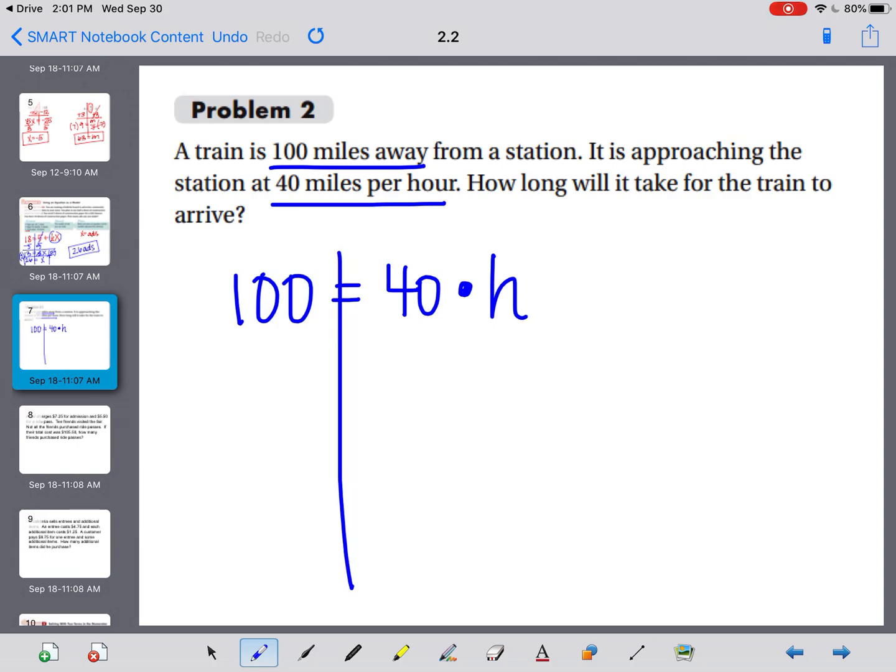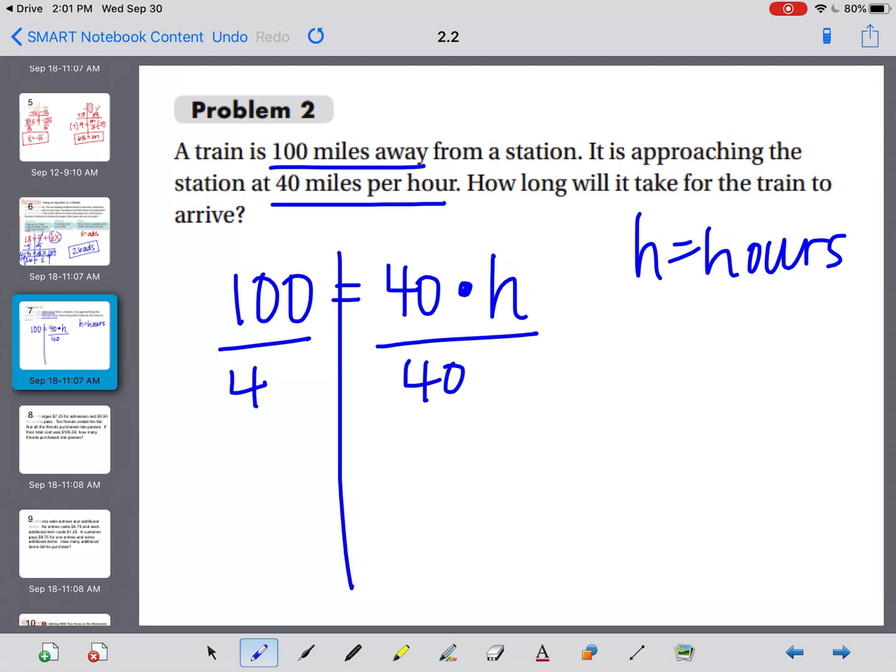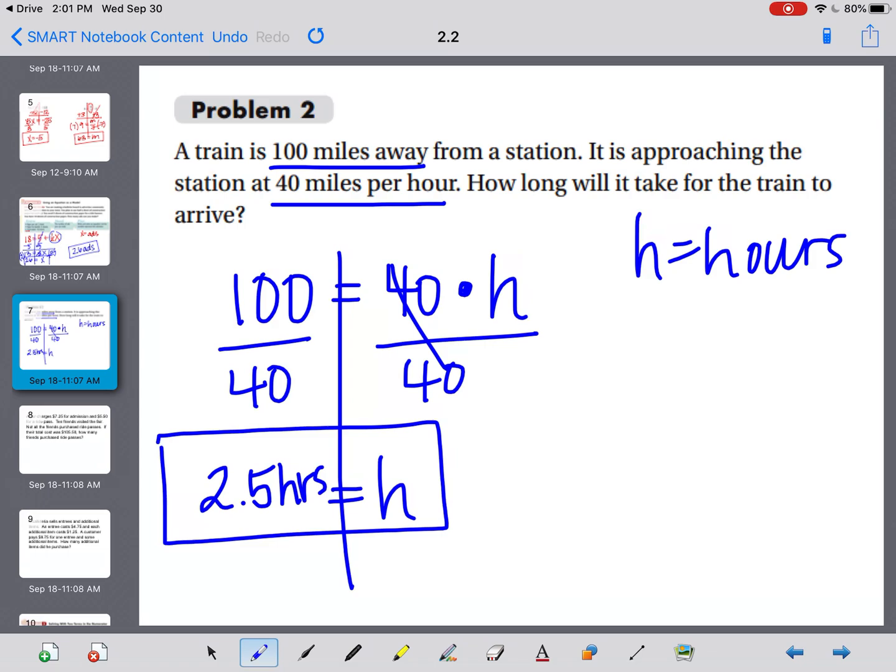So there's your equation. To undo this and get the h by itself, we need to do the opposite of multiplying, which is dividing by 40. And h, or the hours, will be 2.5.